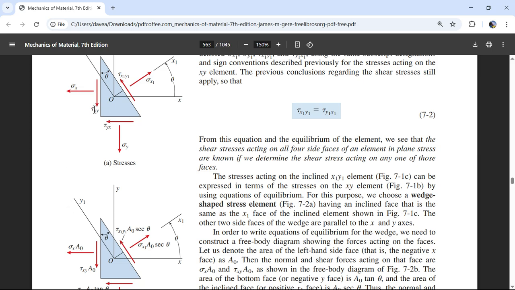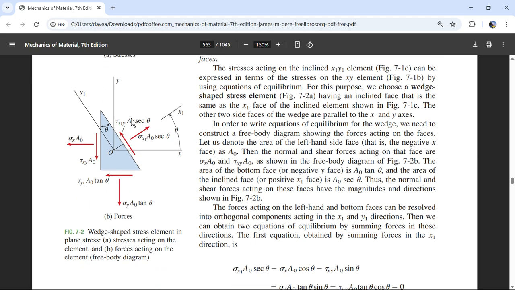This force is going to be that stress times A naught, tau xy A naught. So that's what we have. We know the area down here is A naught tangent theta, so that's how we have these forces. These are forces, stress times the area. So we have tau yx times A naught tangent theta, sigma y A naught tangent theta.